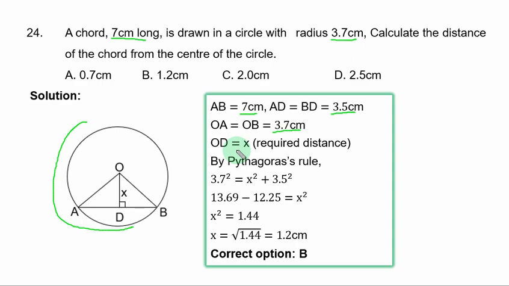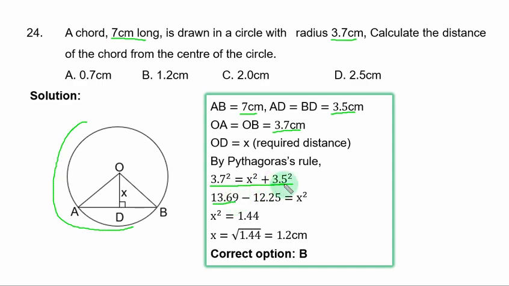If you consider any of the triangles, and by Pythagoras rule, the radius is the hypotenuse, that is 3.7 squared equal to the sum of squares of the other two sides. So you have 13.69 minus 12.25.